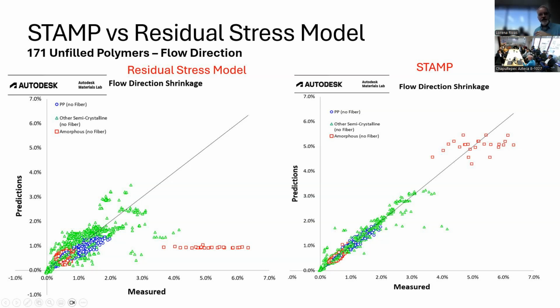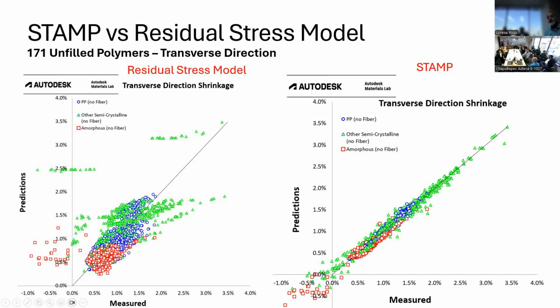In this particular case, for unfilled polymers in the flow direction, you see pretty good correlation. In the transverse flow direction, you will see that with uncorrected residual stress we see a fair bit of scatter away from the diagonal line, which means that we have an error. But with stamp, we see data very nicely centered around the diagonal line, which means you do a really good job with the predictions.